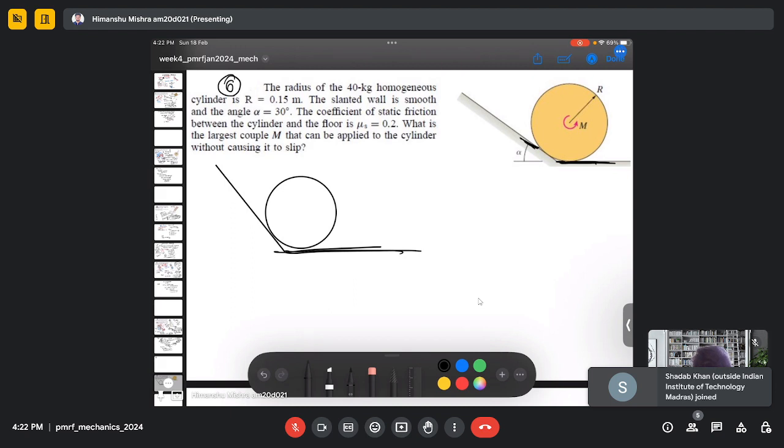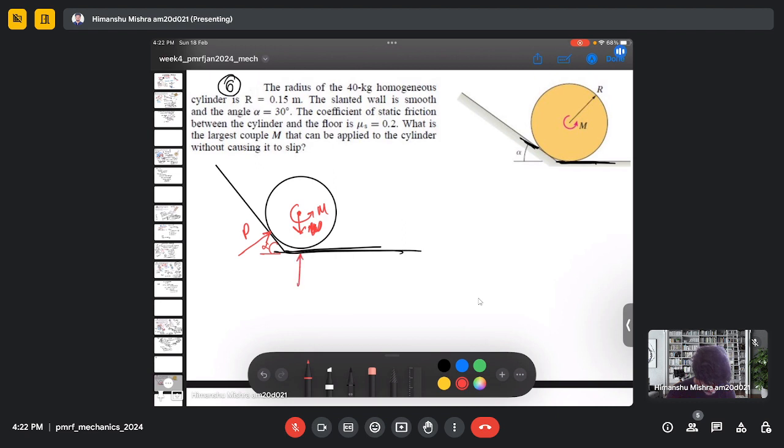So there will be some normal reaction here, P, and there will be a weight, and sorry, this is my weight and this is my moment.